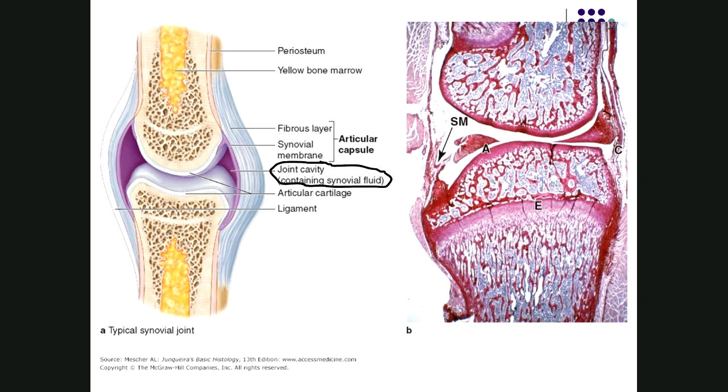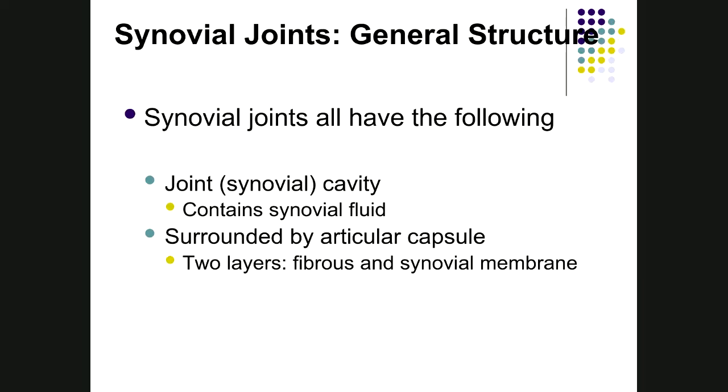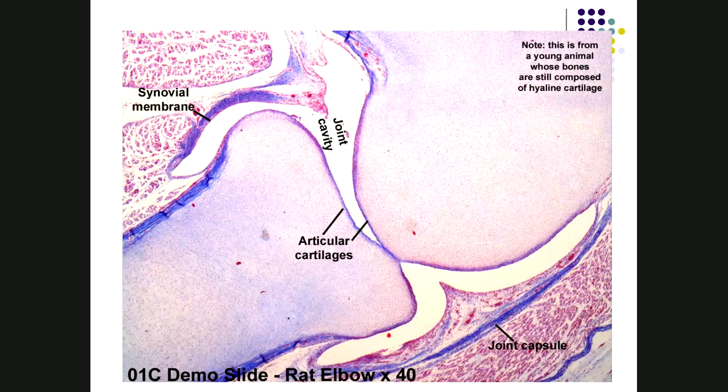But there are other things as well. There's a capsule that surrounds the joint, and that capsule protects the joint. It contains the synovial fluid. And when you look at it, it has 2 layers. Here's a bone here, and here's a bone. There's our joint cavity where the fluid is.